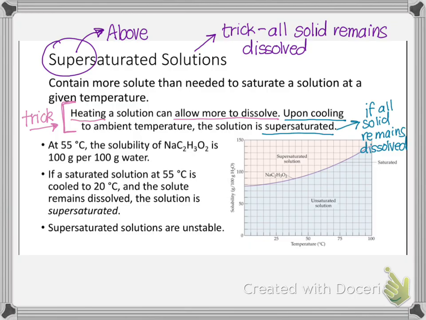Then the result is a solution that contains more solute than needed to saturate it. You're above the saturation limit. These solutions are very unstable, and so often what happens if they're disturbed is that the extra solute precipitates out as a solid and it returns back to saturated.